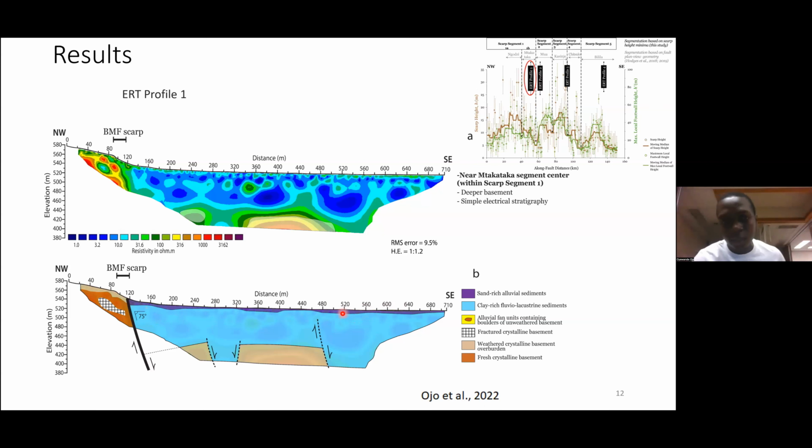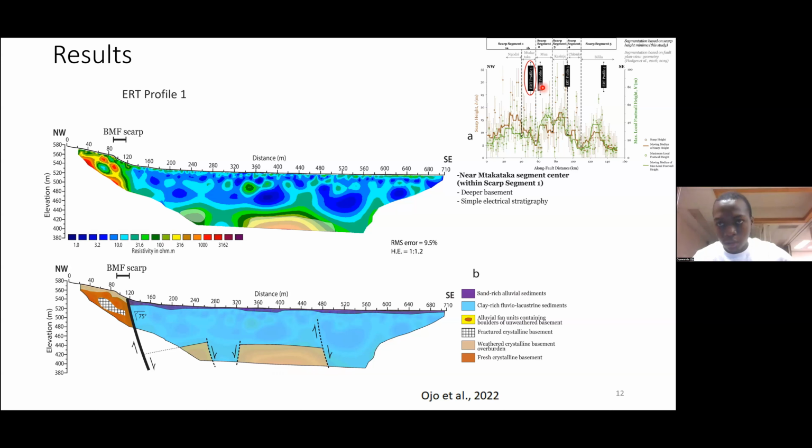So it's mostly overlain by alluvial sediments from the rivers cutting through the mountain fronts. Then we have that underlain by lake sediments. Then we have the weathered basement and the fresh basement just below that. We were also able to estimate the minimum amount of throw from our electrical resistivity.